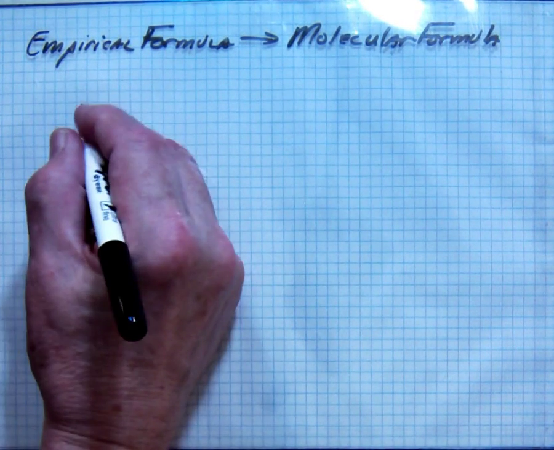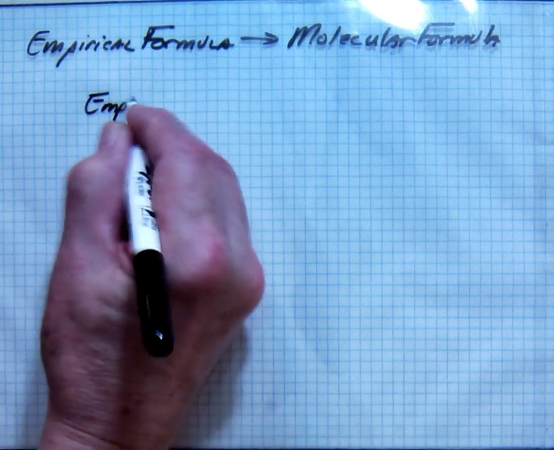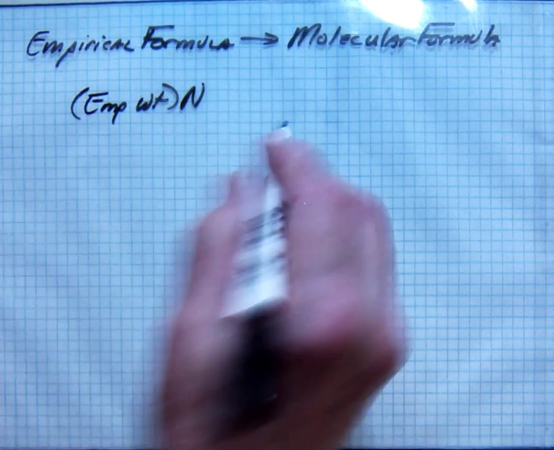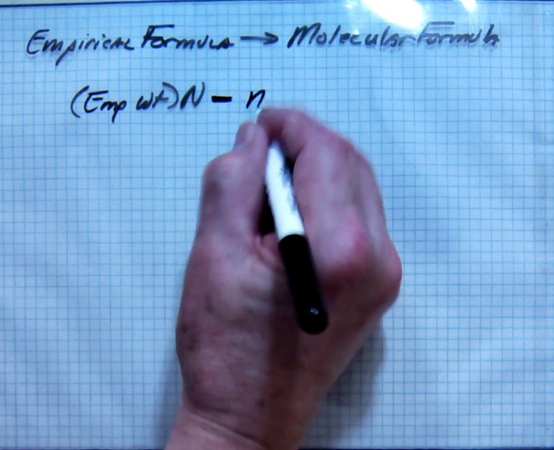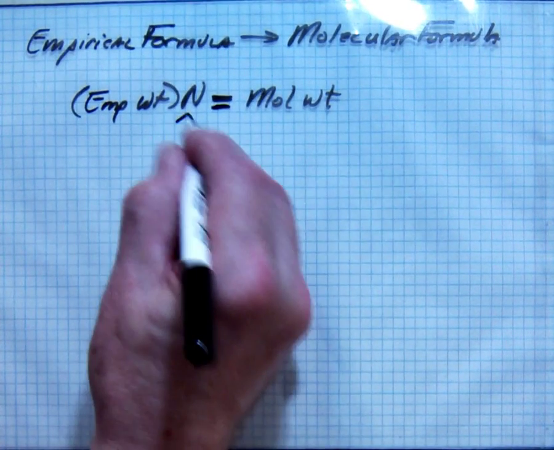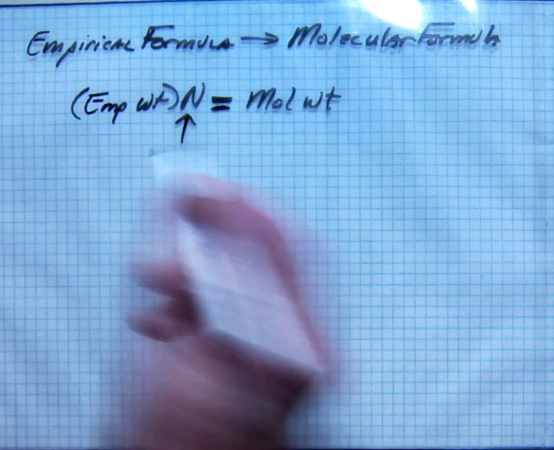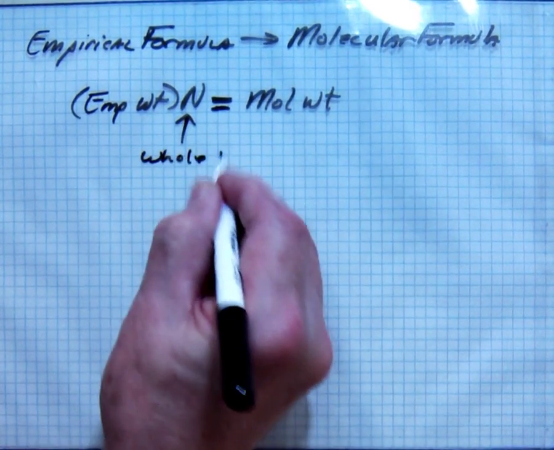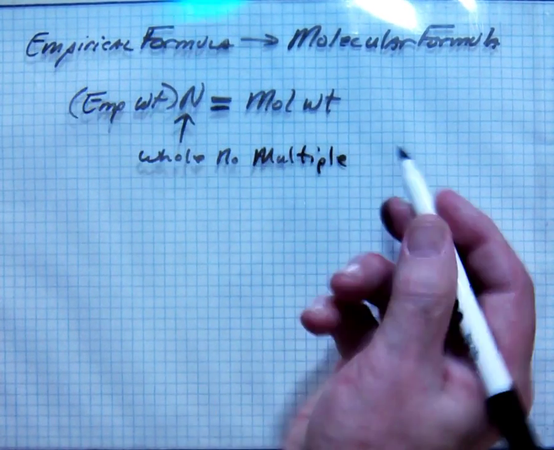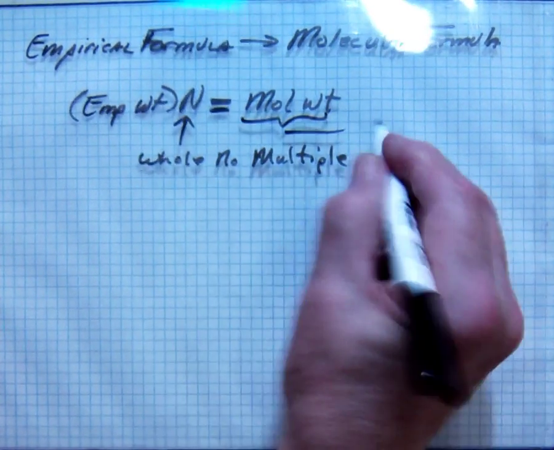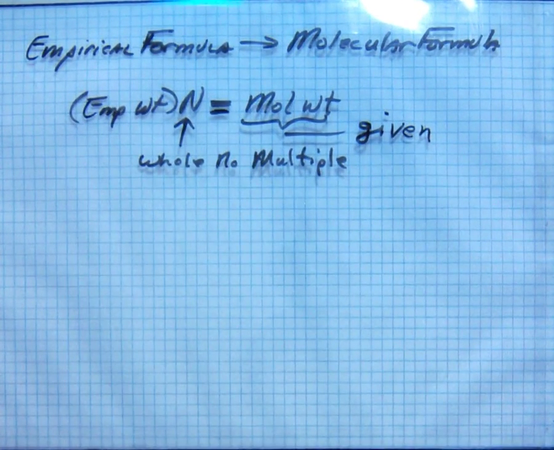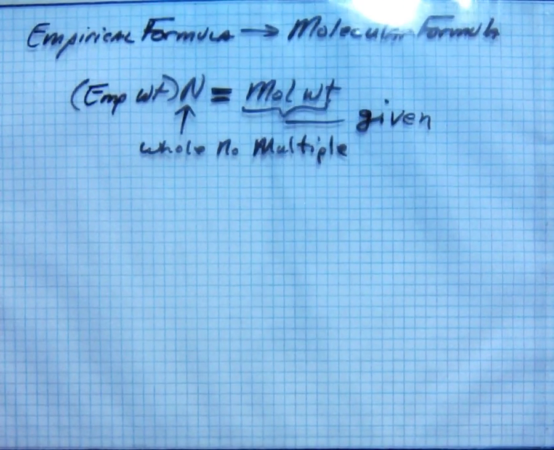Like the empirical weight times n, being the whole number multiple, is equal to the molecular weight. And the molecular weight has to be given in the context of the problem.